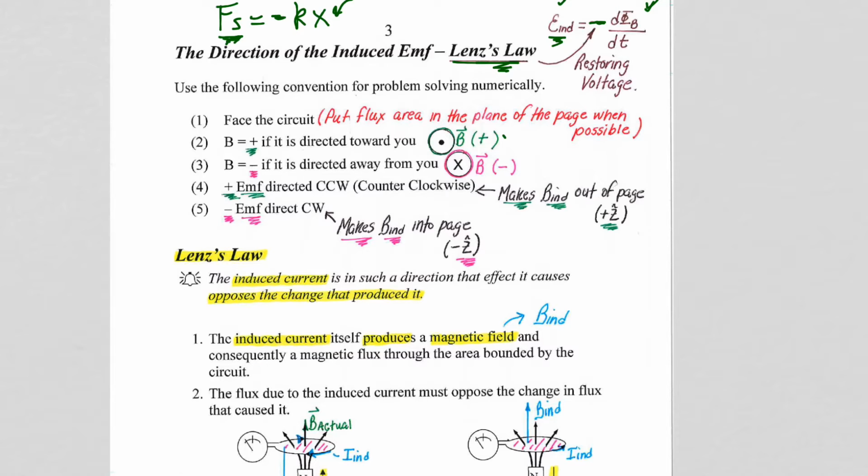So B field coming out of the paper is positive, and B field going into the paper is negative. Whenever possible, we will work within the plane of the page so that we are facing the circuit, and those are our B field conventions, positive towards us, negative away from us.